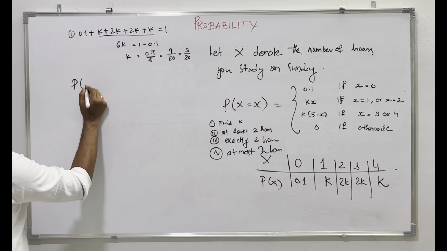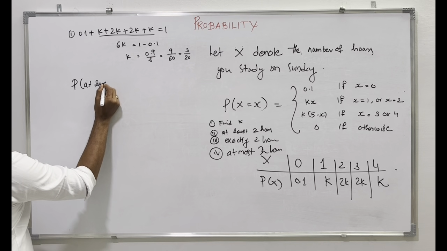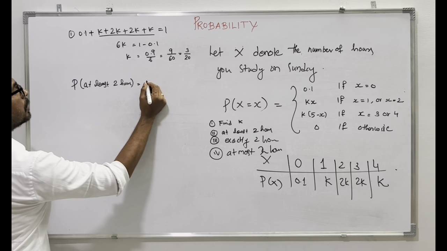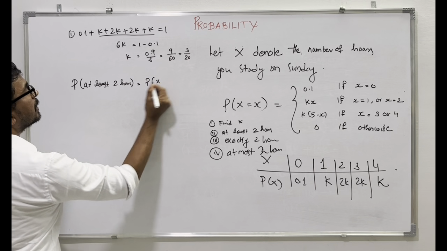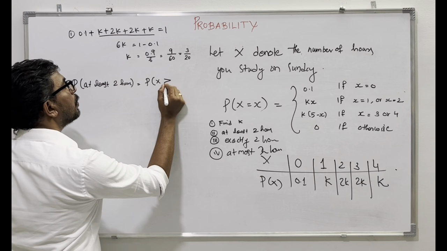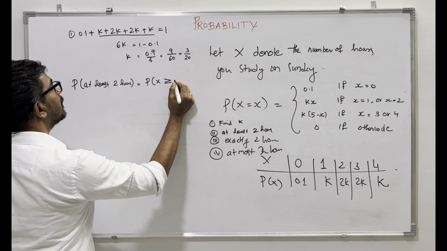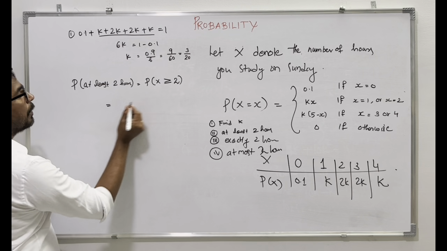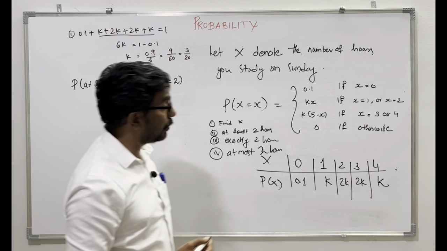Probability of at least 2 hours. Minimum 2 hours means equal to 2 hours or more than 2 hours. At least 2 means it can be more than 2 also. So this should be probability of x greater than or equal to 2.